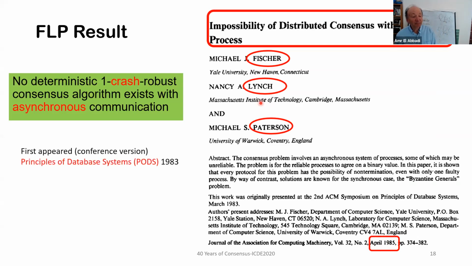Actually, I dug up the earlier version of this paper, and it first appeared as a conference paper in PODS, Principles of Database Systems. So although this is a very theoretical impossibility result for distributed computing, it's interesting to note that it appeared in a database conference to start with.